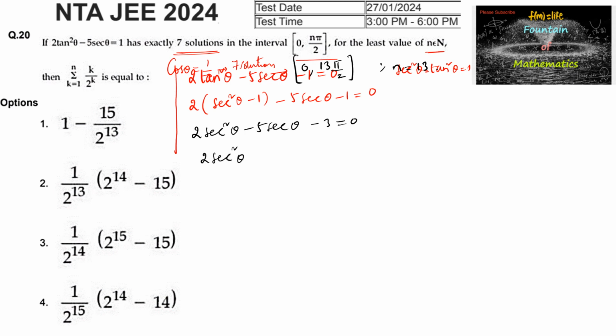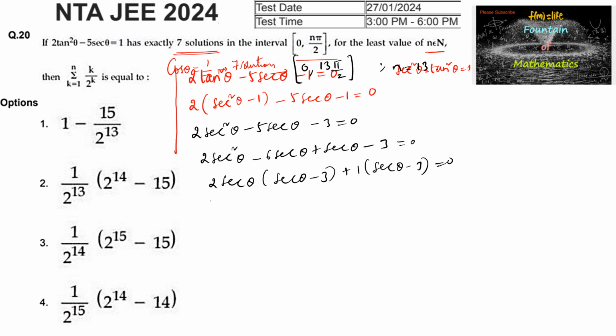This can be factorized: 2 secant square theta minus 6 secant theta plus secant theta minus 3. 2 secant theta taken common, so secant theta minus 3, plus 1 times secant theta minus 3 is equal to 0. So we get 2 secant theta plus 1 into secant theta minus 3 is equal to 0.